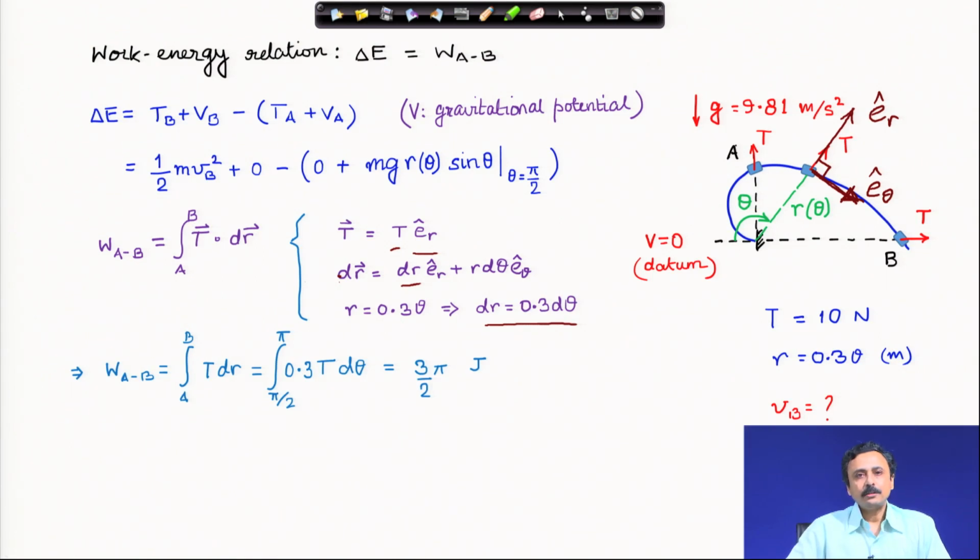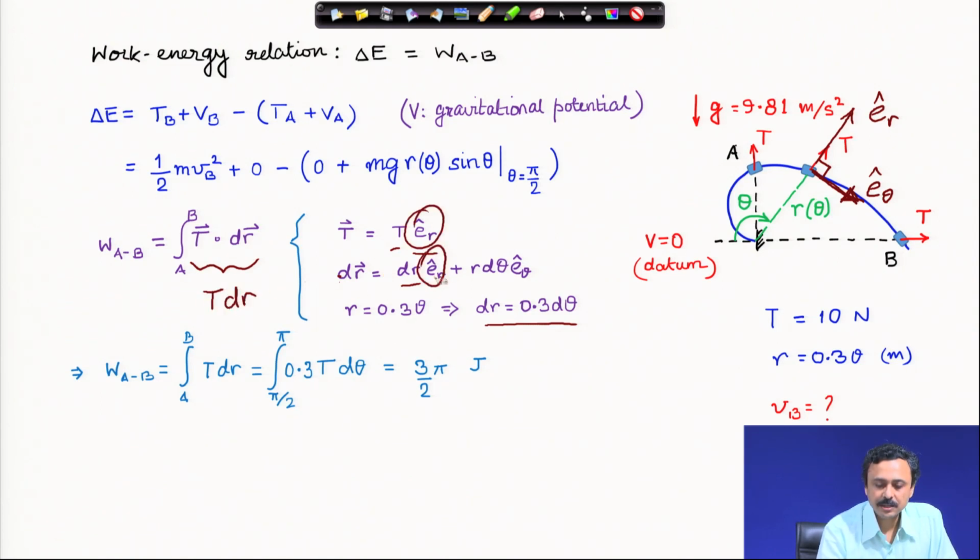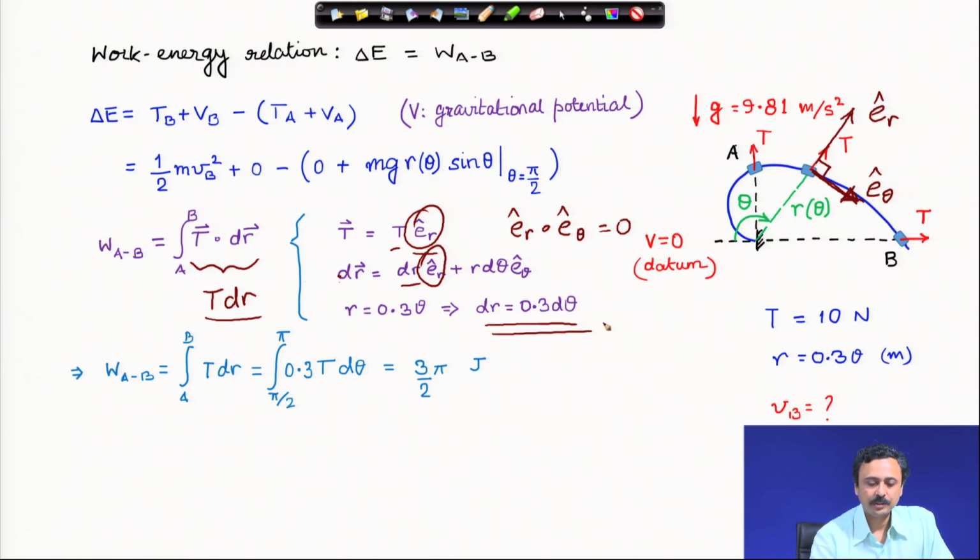Finally, we calculate the work done as we move from A to B. You can check that this dot product is nothing but T dr, because this is E r and this is E r. E r cap dot E theta cap is 0, they are orthogonal. Therefore, only one term survives, this T dr, and dr is 0.3 d theta, which I have substituted here.